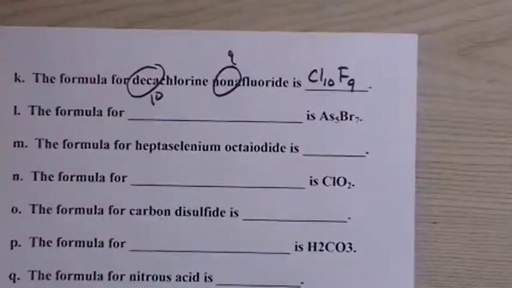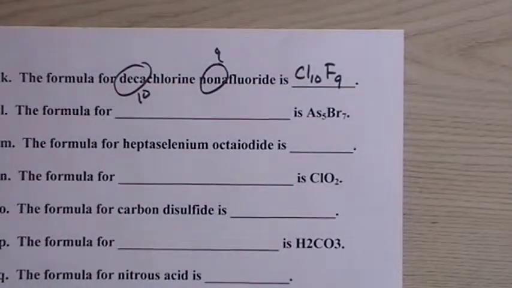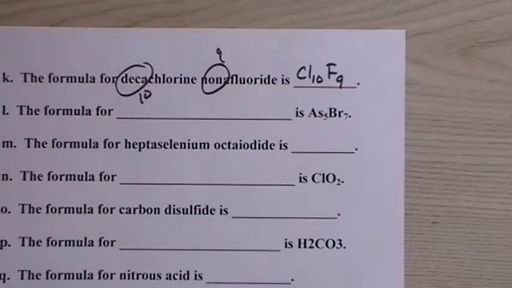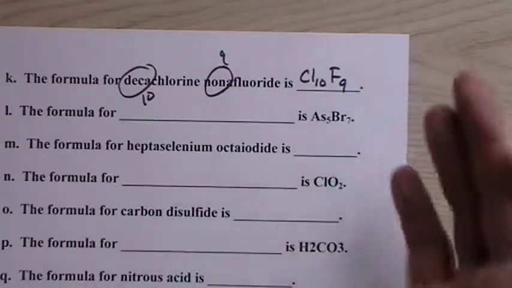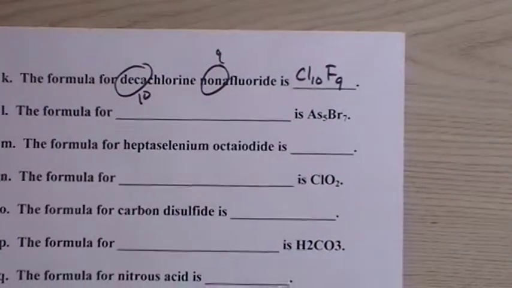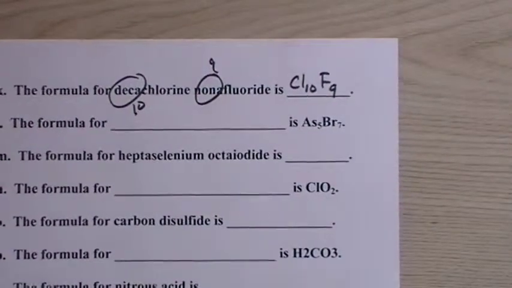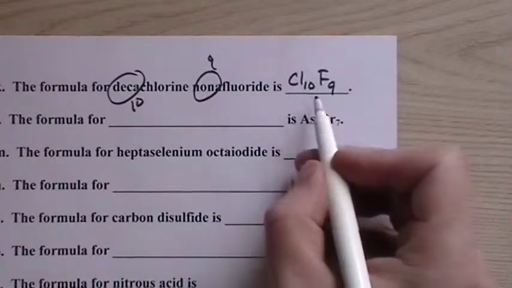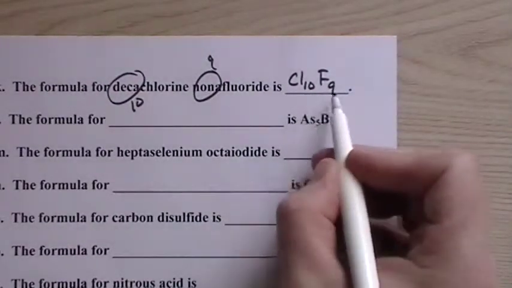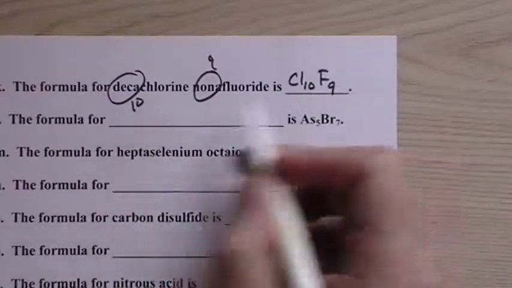Some of these I'm not sure if they actually exist. As a theoretician, I know that you can always create any of these compounds, even if they only last for microseconds in a vacuum. The nomenclature rules apply no matter what the formula is, as long as it makes some sort of sense, and it definitely does here. We know the names, we know the numbers here, so we can go back and forth.